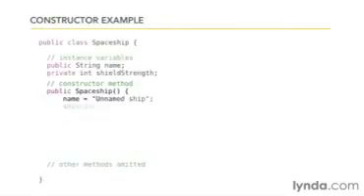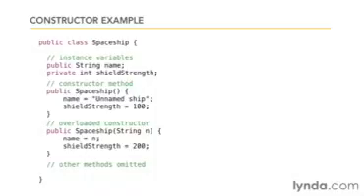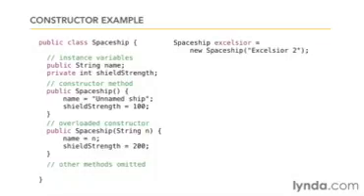So if I went back to that class definition, added a second method, it's also called spaceship, same name as the class, but this one takes a parameter, just one string, which I've called n. And now when I instantiate that object, I have two ways of doing it. I can use the word new with no parameters, or I can use the word new along with a string parameter.